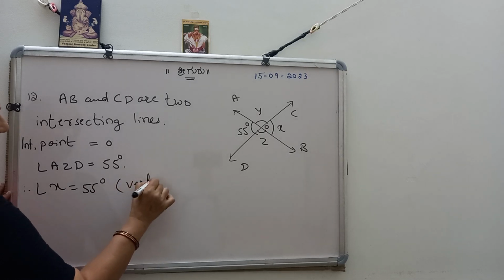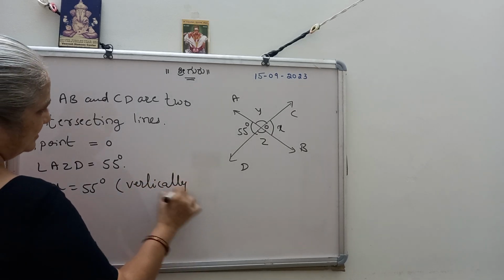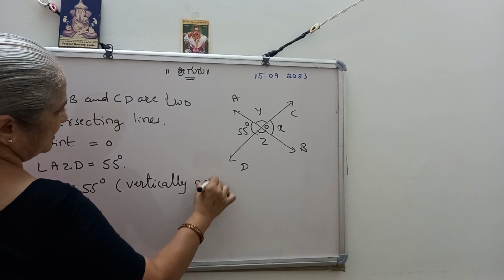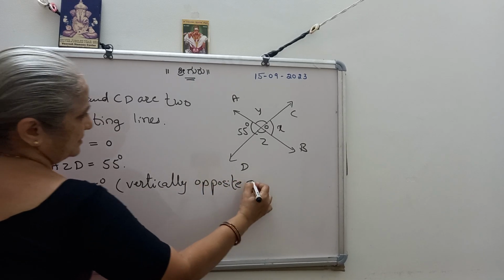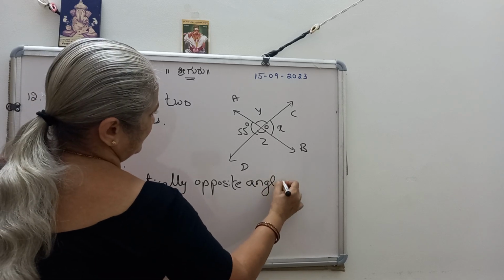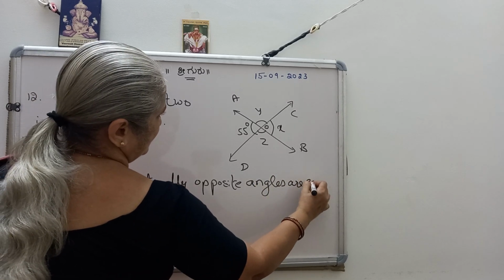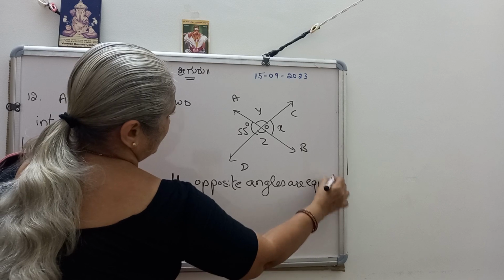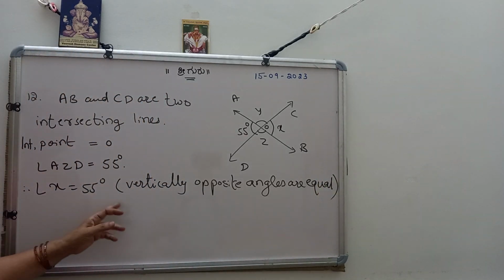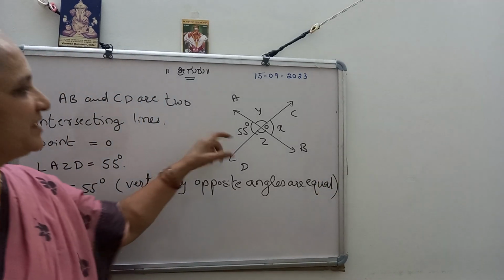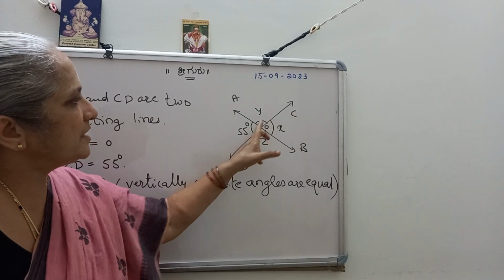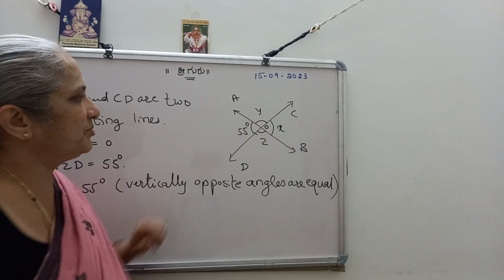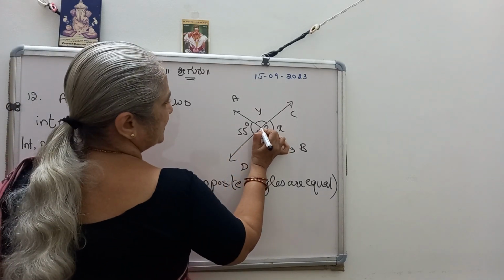Vertically opposite angles are equal. You have to write the reason properly. AOD and COB are vertically opposite angles.